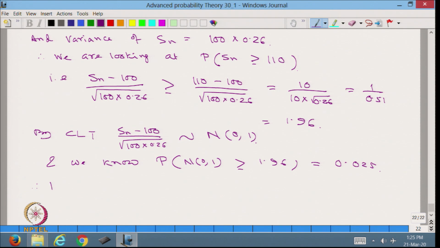Therefore, the probability the teacher will take 110 hours or more is equal to 0.025.